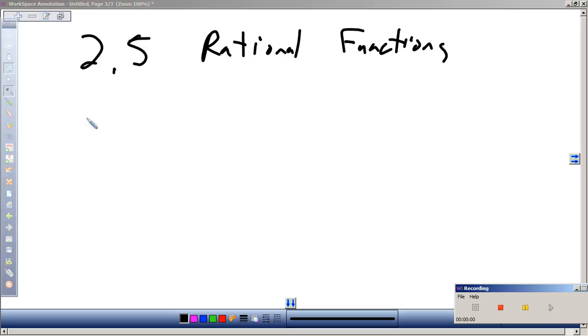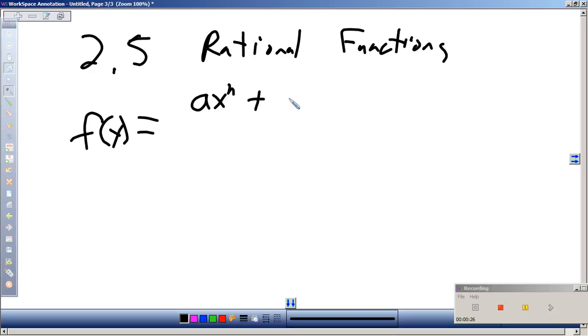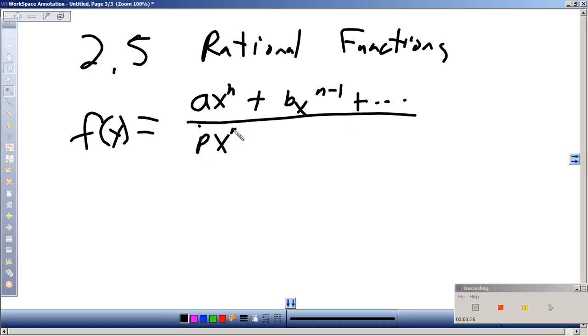So we're going to look at rational functions of the form f of x equals ax to the n plus bx to the n minus 1 plus whatever else is happening over there, divided by px to the m plus qx to the m minus 1 plus whatever else is happening over here.